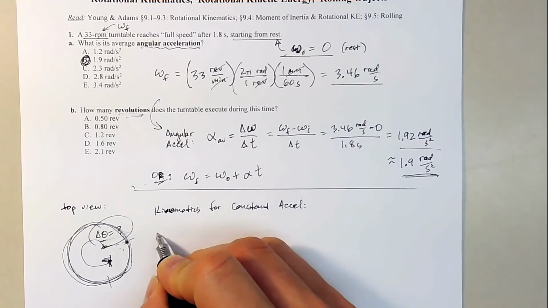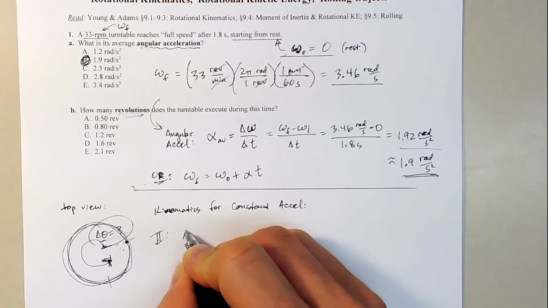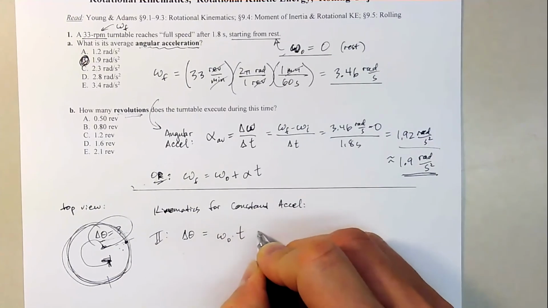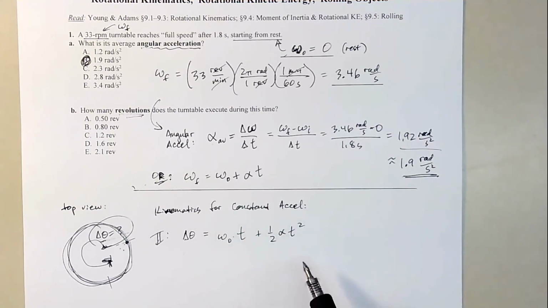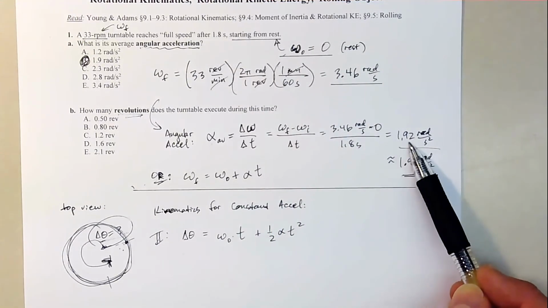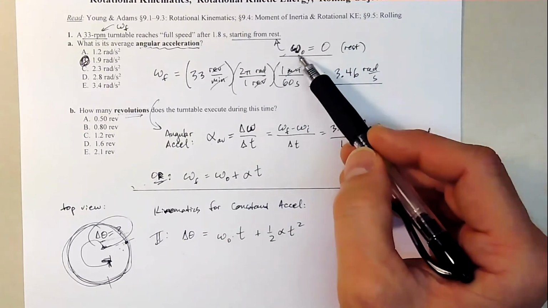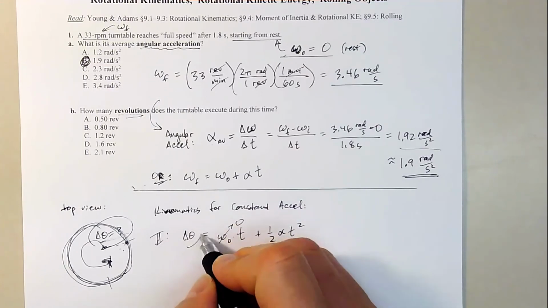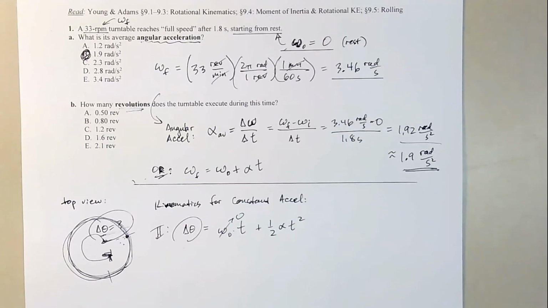So one option is for us to use the second equation, which says that theta minus theta naught, so I'll just call that delta theta, is equal to omega naught times t plus 1/2 alpha t squared. I know the time from up above, 1.8 seconds. I know alpha because I found it in the previous part, in part A. And I know omega initial was 0 because the turntable starts from rest. So it looks like, yes, equation 2 would let me solve for what I want.